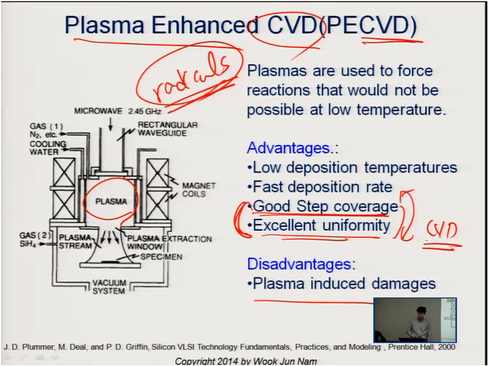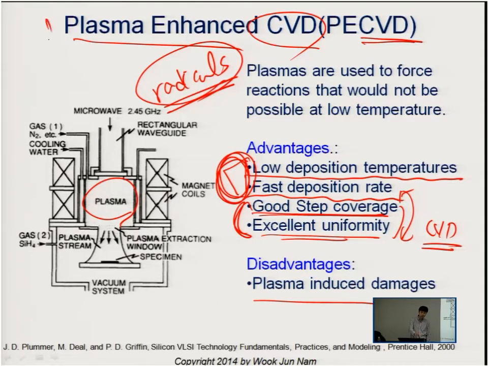In addition, it also offers low deposition temperature and fast deposition rate. These two additional features make plasma enhanced CVD the most common method for film deposition, especially in the microelectronics industries.